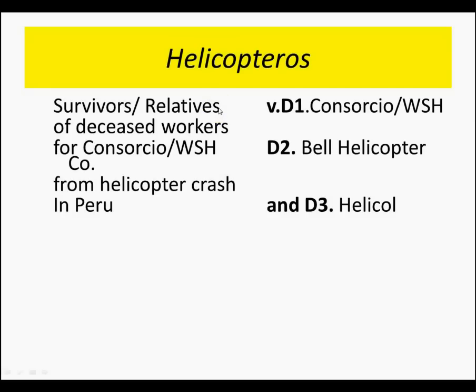All right. In Helico, one other thing that's important to note is that the parties did not raise the question of whether personal jurisdiction on a specific jurisdiction basis for Helico in Texas would have been possible.